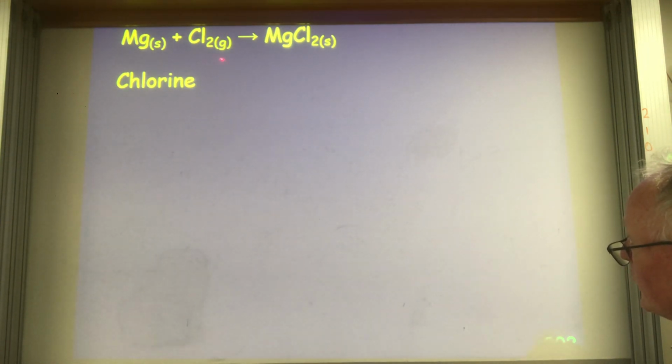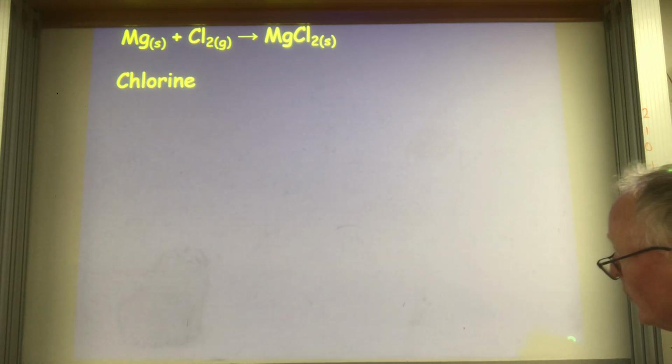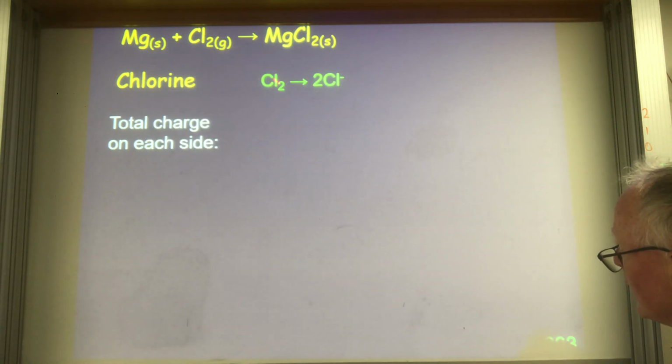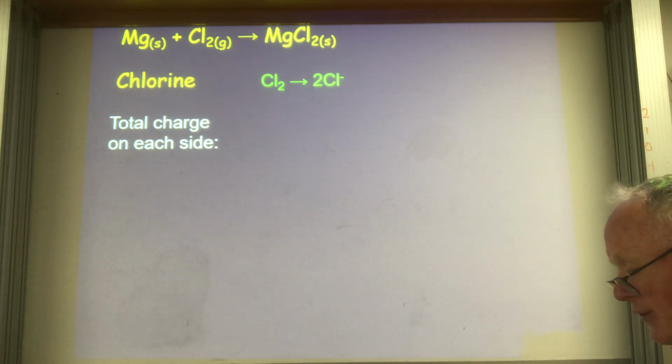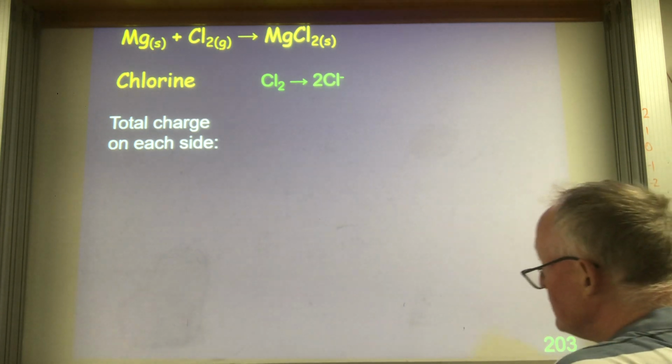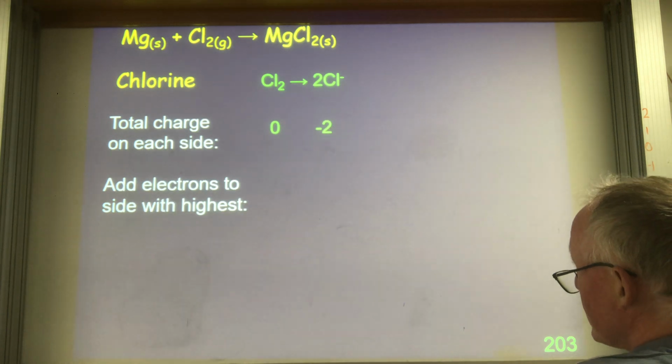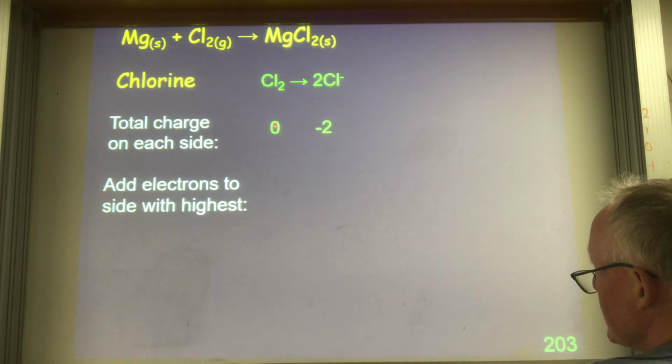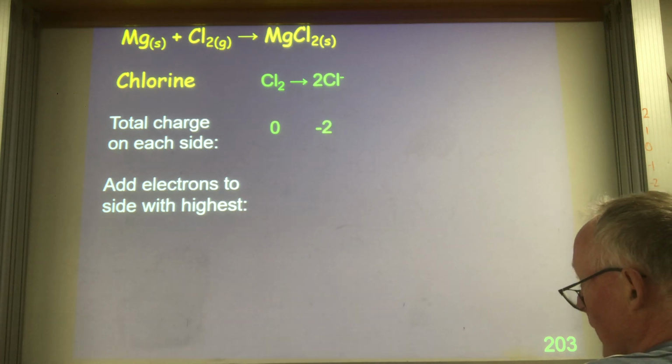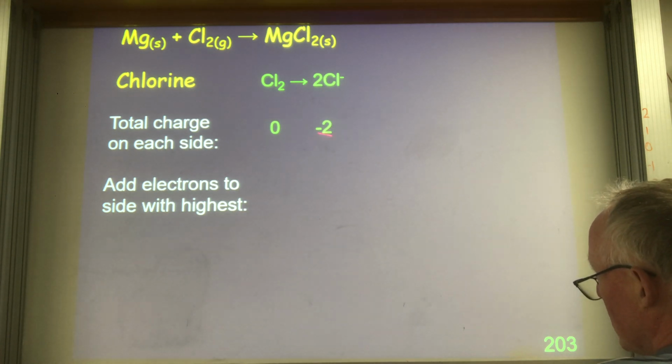Let's look at chlorine. So chlorine reacts to form chloride ions. Cl2 is going to produce 2 Cl minuses. So this time overall charge is 0 going down to -2. The higher number, think of a number line again, the higher number is 0.